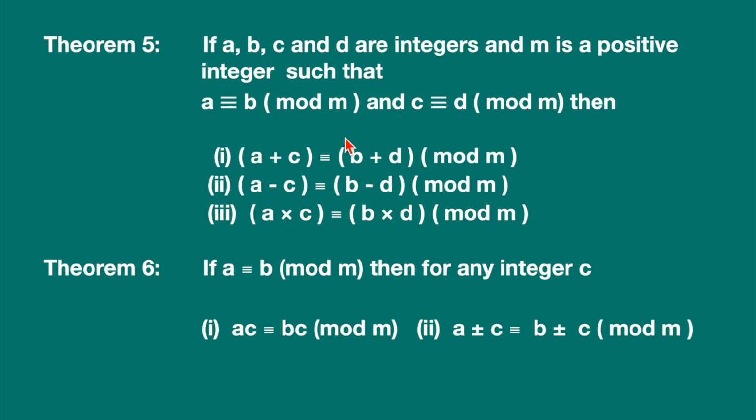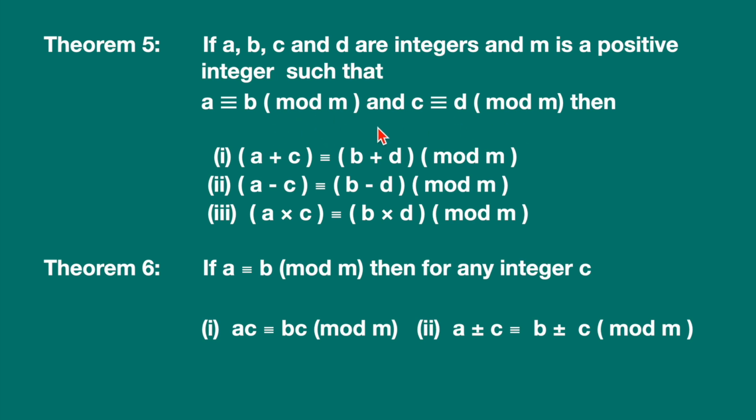Supposing there are two numbers like a congruent to b mod m and c congruent to d mod m. So the mod m, that is the divisor of these two numbers, a and c, is the same, that is m. When you divide a by m, you get remainder b. If you divide c by m, you get the remainder d. That is the meaning of this.